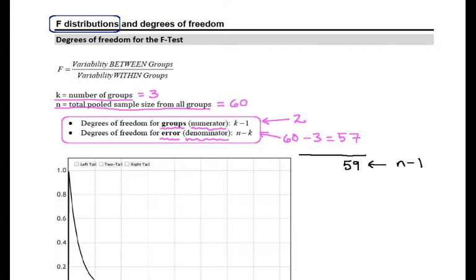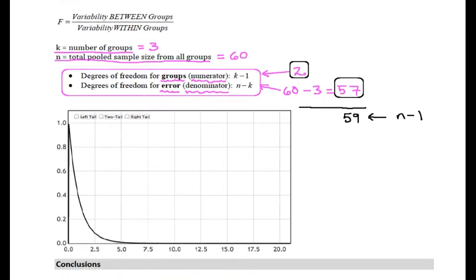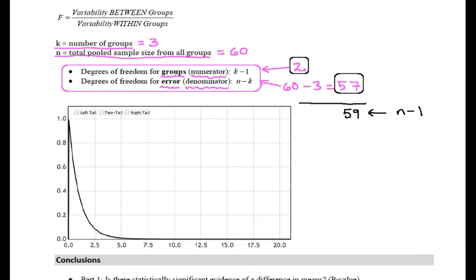So we have 2 different values for degrees of freedom, and we need to specify both of those in order to get an F distribution curve. This curve here is what we would call F 2, 57. 2 degrees of freedom in the numerator, 57 degrees of freedom in the denominator, and we're going to find our F statistic on here.